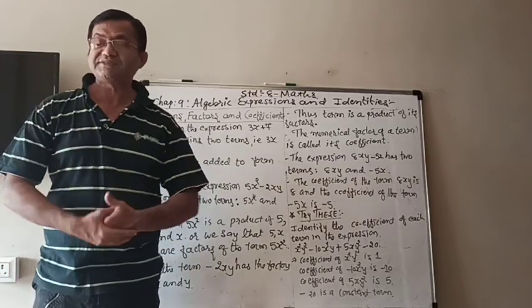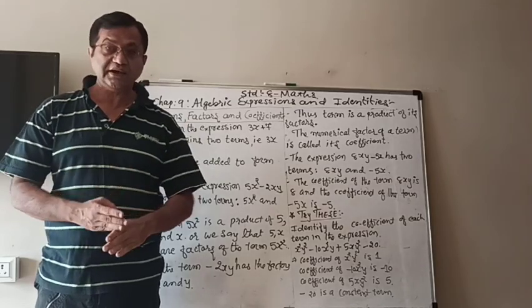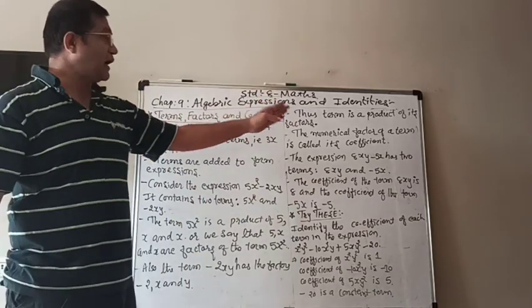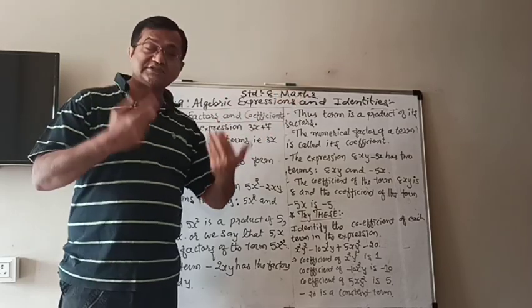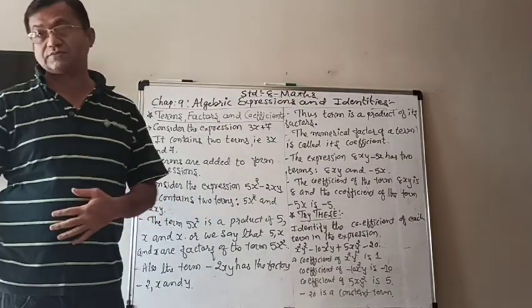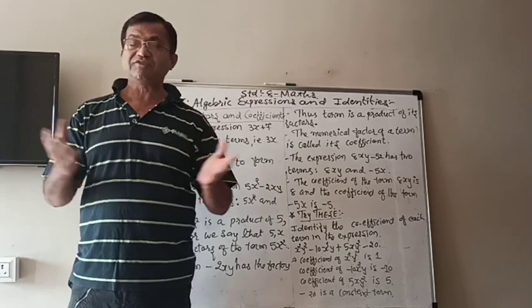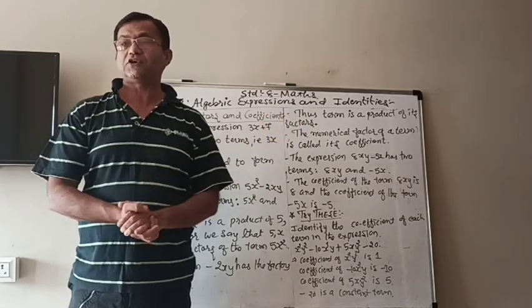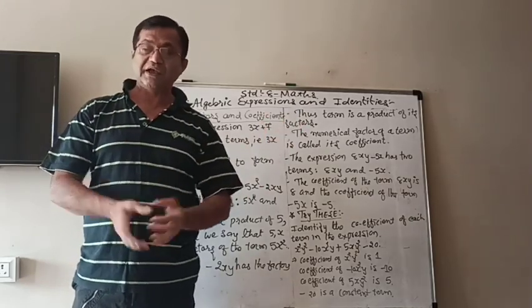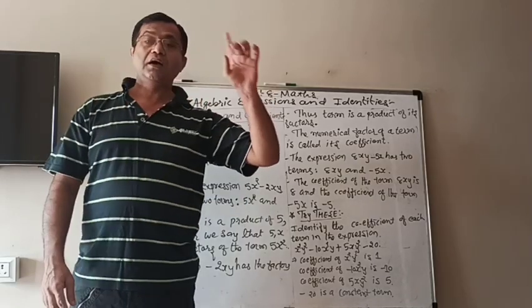So whatever the terms are, you can understand that a term is a product of its factors. When we multiply its factors, we get a term.